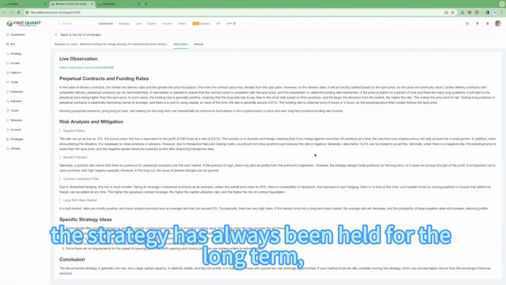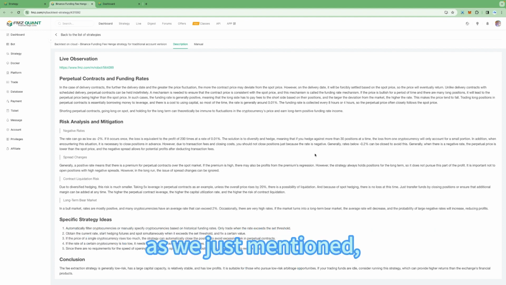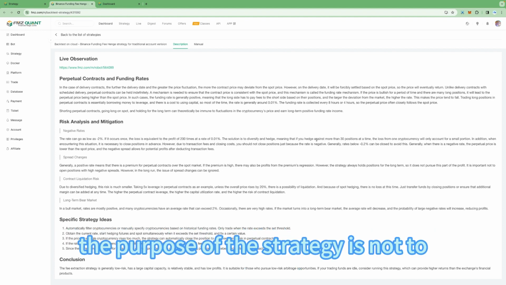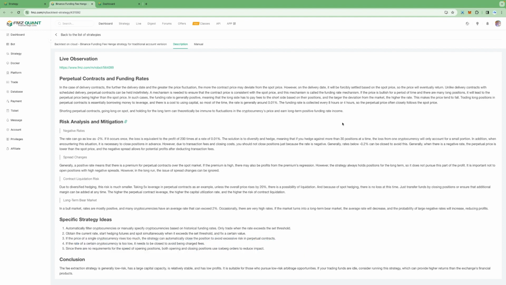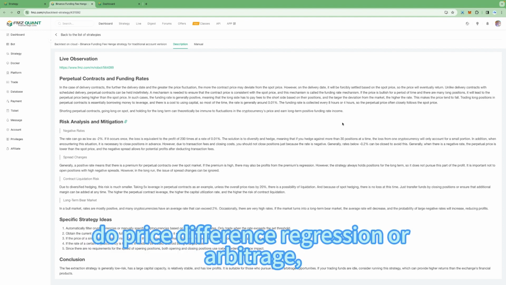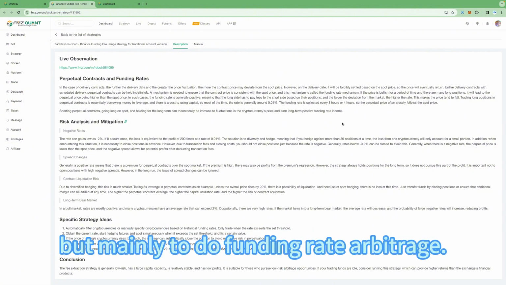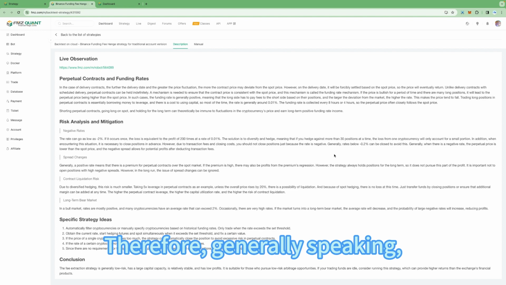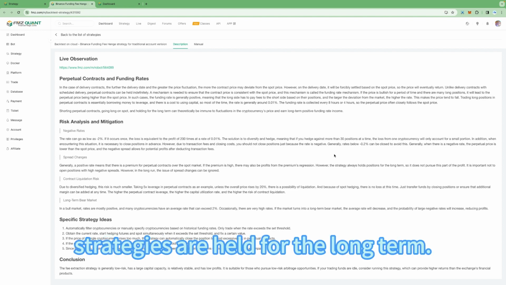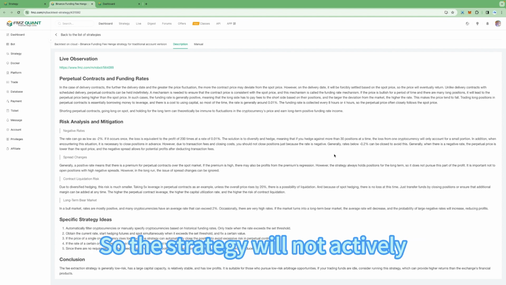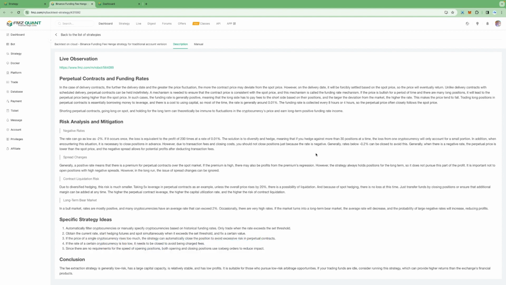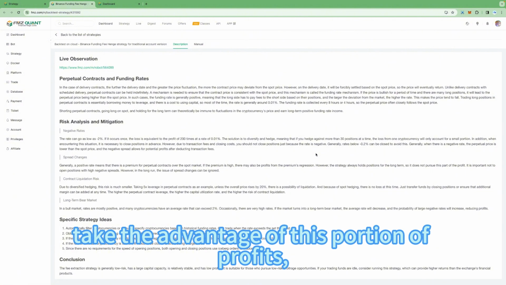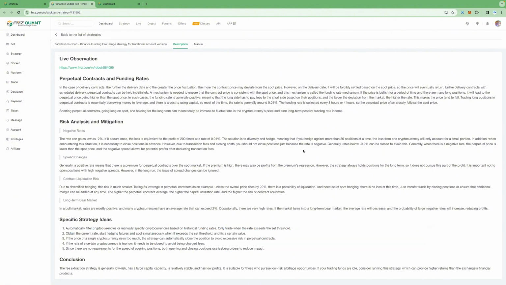Of course, the strategy has always been held for the long term. As we just mentioned, the purpose of the strategy is not to do price difference regression or arbitrage, but mainly to do funding rate arbitrage. Therefore, strategies are held for the long term, so the strategy will not actively take advantage of this portion of profits.